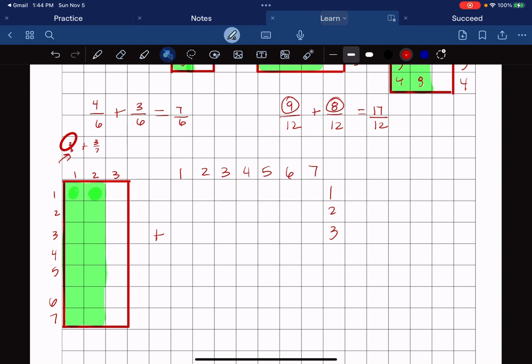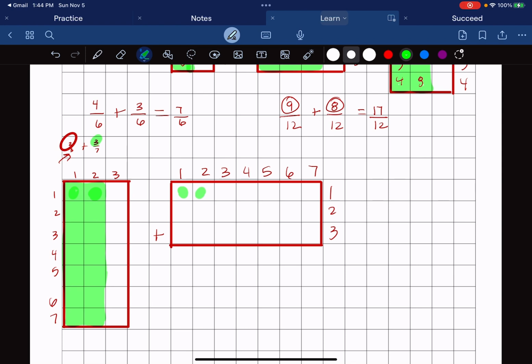Now let's make that model. I have 7 across, 3 down, and I need to shade in 3 out of the 7. So 1, 2, 3, and then we'll shade that all the way down.